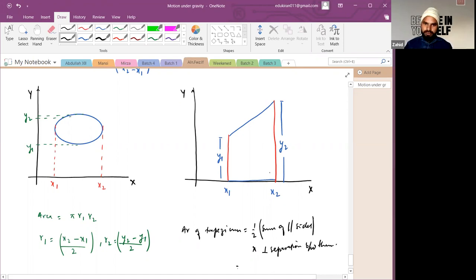So if you put in the values, you get half times the parallel sides, y1 plus y2, and the separation between them is x2 minus x1, as its area. In this figure, y1 and y2 are parallel to each other. So this is how we define area and slope related to different curves.